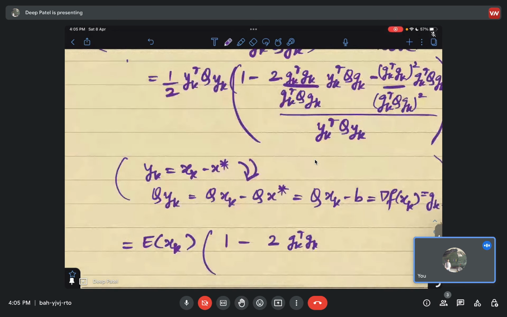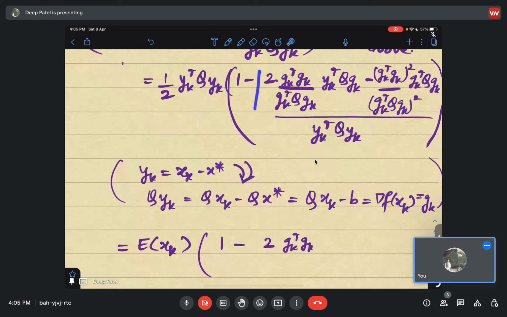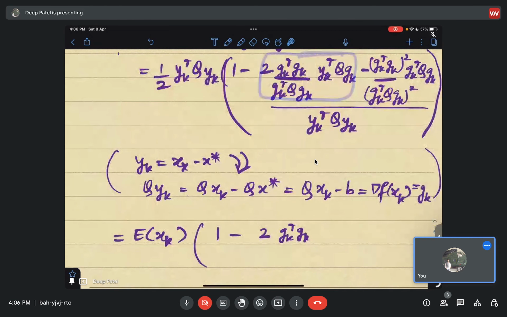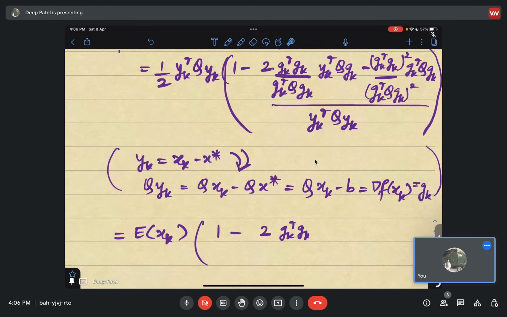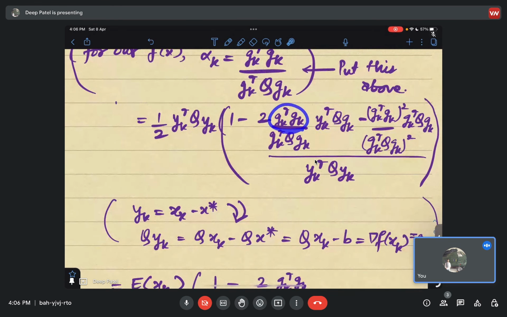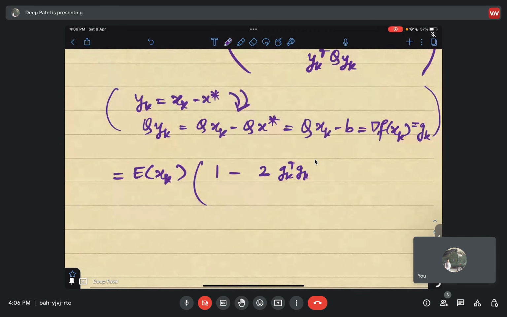I'll just keep this here, simplifying this term here. Remember Q is symmetric, and so q yk is nothing but gk. So that means in the numerator here I have gk transpose gk, and this is also gk transpose gk. Yeah, that will cancel out. Not cancel out, it's just a square.